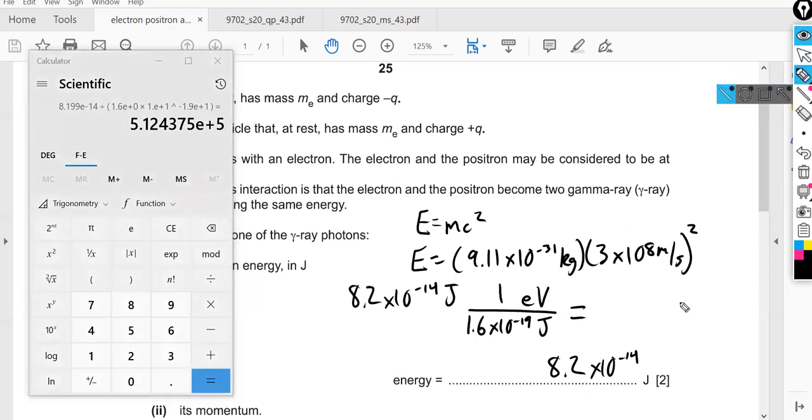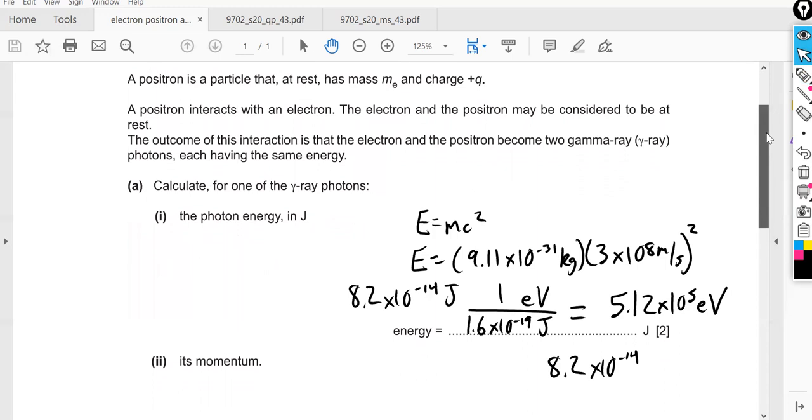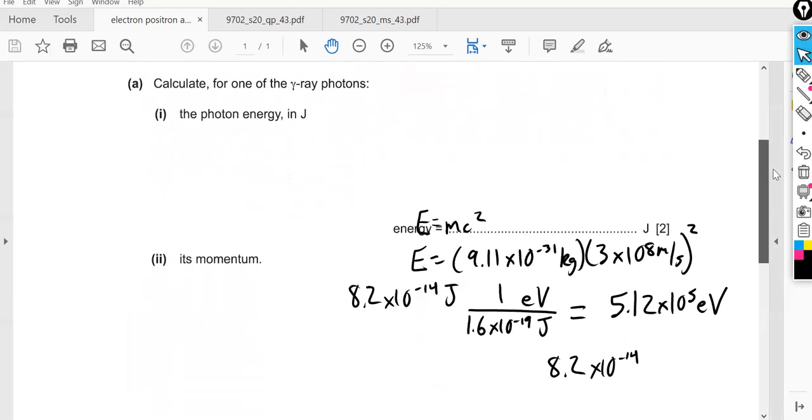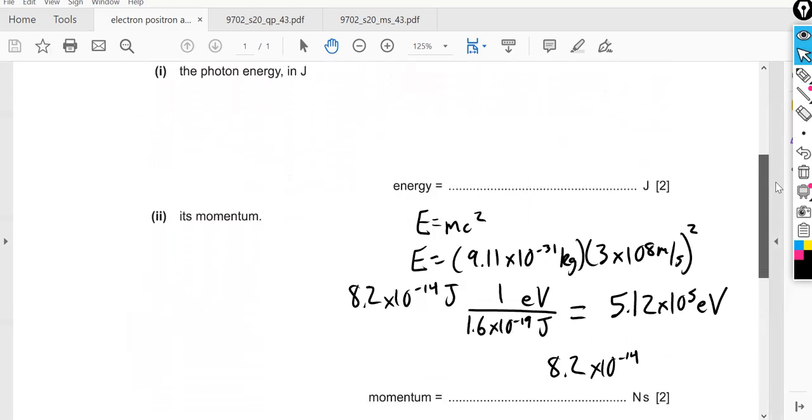So you get, now they want the answer in joules, so we report that answer, but just for our own curiosity, 5.12 by 10 to the 5 electron volts. In astronomy, we've been using the energy evolution of the universe to consider when the universe was more energetic, when would these reactions have been occurring just after the Big Bang? The question goes on to ask for the momentum of one of the photons.